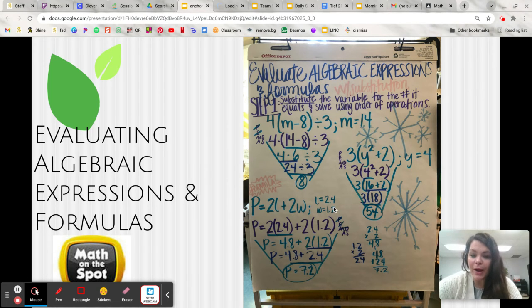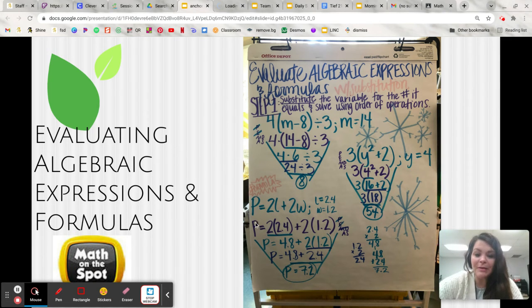So I'm going to rewrite it exactly the same. Just because you see a lot of variables doesn't make it any different. It's still the exact same. Remember, whenever I have a coefficient next to a variable, that's called a term, and that means I'm supposed to multiply.